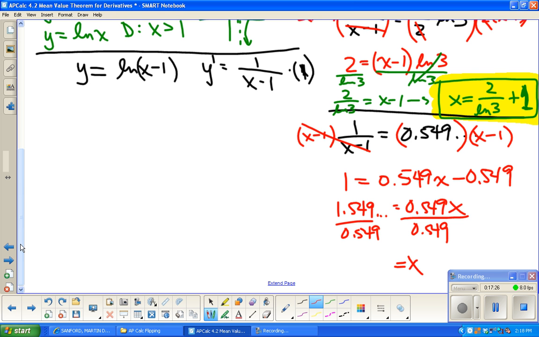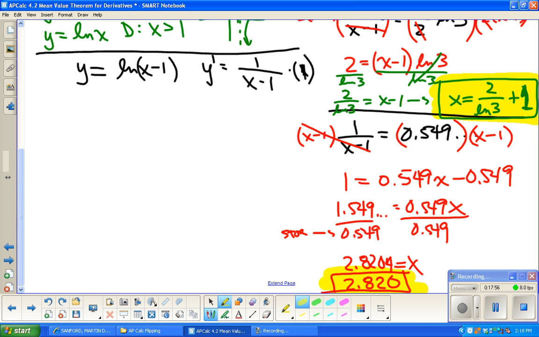Hang on just one second, I'm typing in the calculator right now. Probably worth noting that I actually just stored that number in my calculator, 2.82047. If I'm going 3 decimal places, which is what the AP exam would do, that's it.